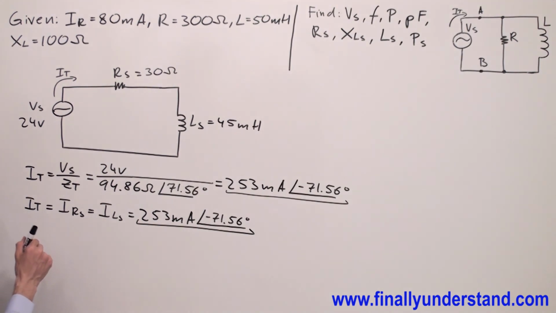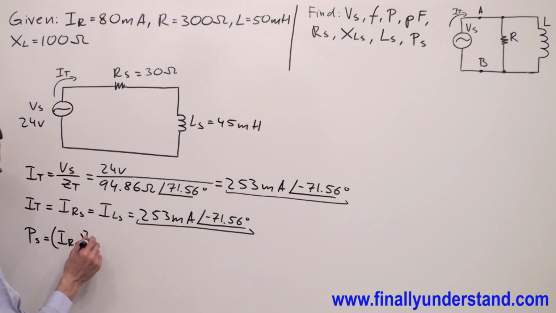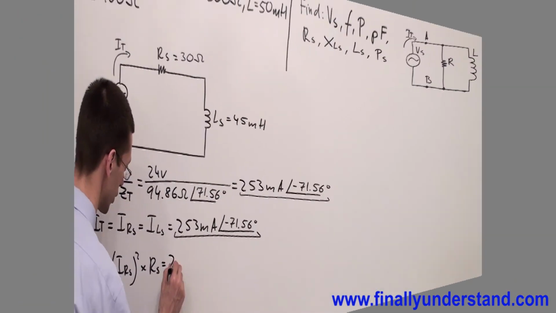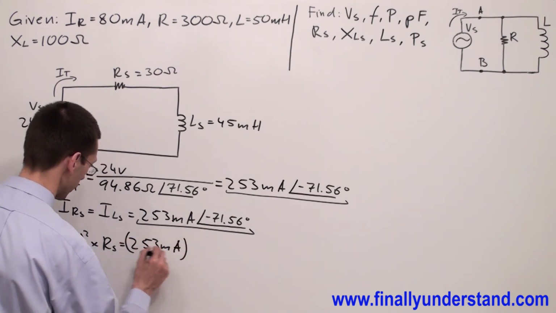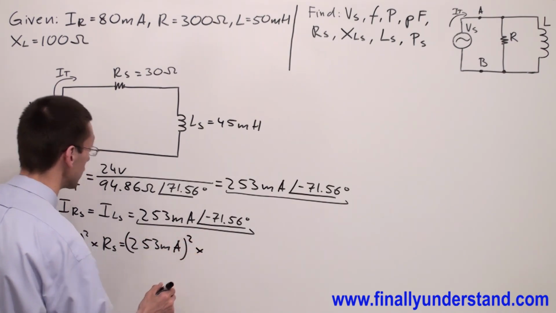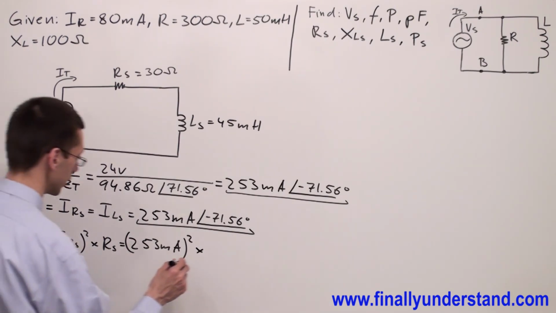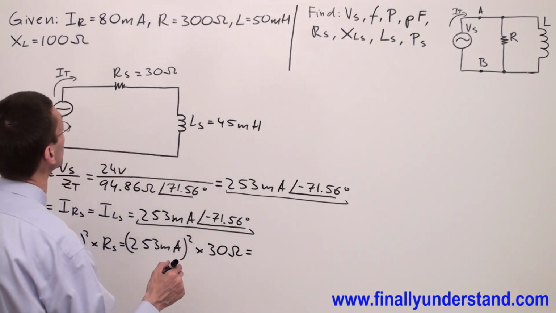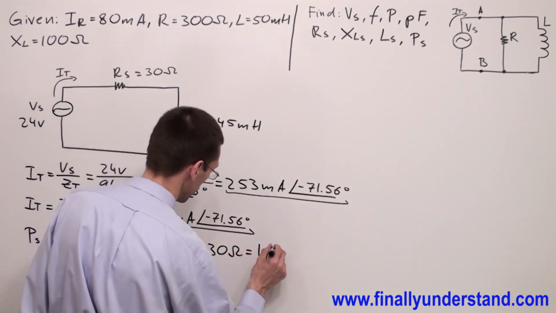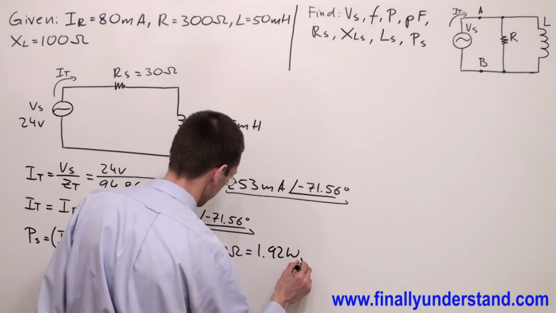If I want to find the true power, I simply write Ps is equal to IRs raised to the second power times Rs. 253 milliamps raised to the second power times Rs, which is equal to 30 ohms, is equal to 1.92 watts.